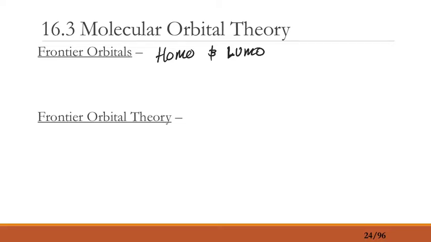The nucleophile was always going to be the HOMO, while the electrophile was going to be using its LUMO. All right, but when we're talking about colors and stuff, excitation went from HOMO to LUMO of the electrons, and then from LUMO back down as they relaxed. It's not much different here.